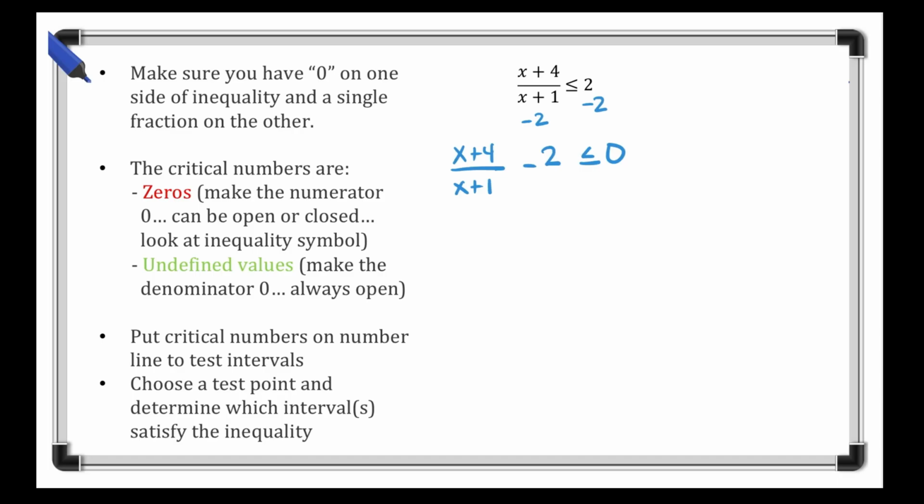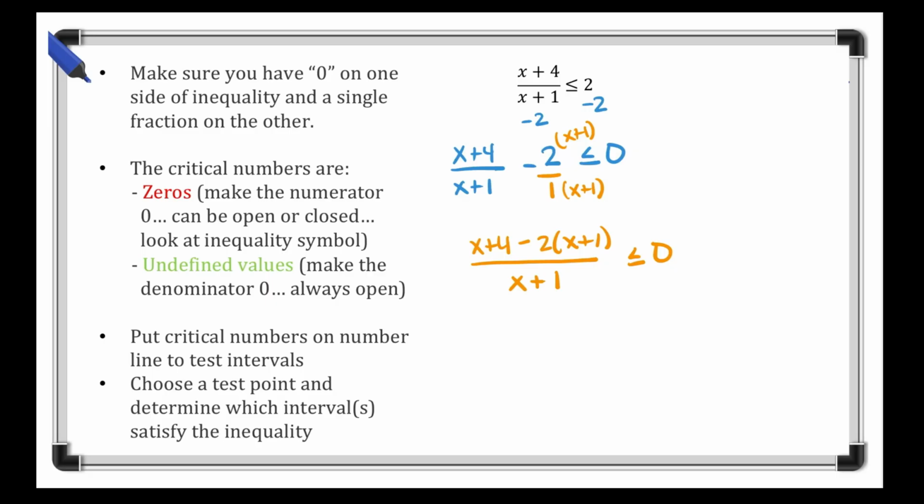Now the thing you're going to need to remember is that when you add or subtract fractions, you need to have the same LCD, least common denominator. So I'm going to multiply the top and the bottom by x plus 1, which is going to get me x plus 1 in the denominator here. And you're going to get x plus 4 minus 2 times (x plus 1), still less than or equal to 0.